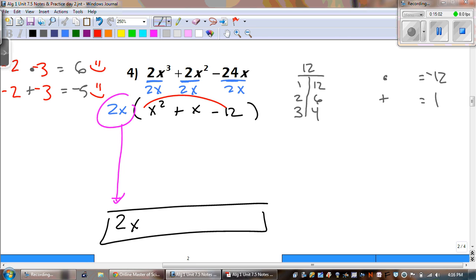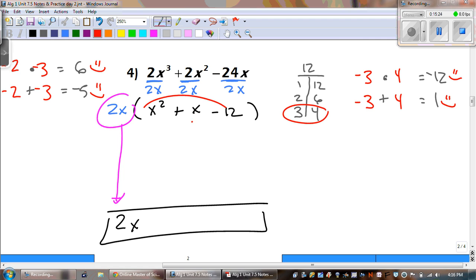What do you think? The only way to get 1 is by using a 3 and a 4. But which one is negative?